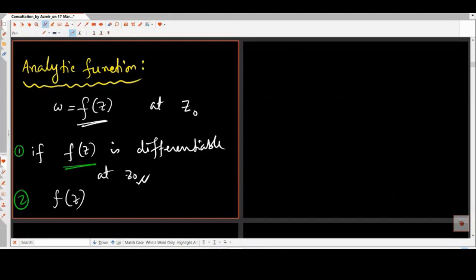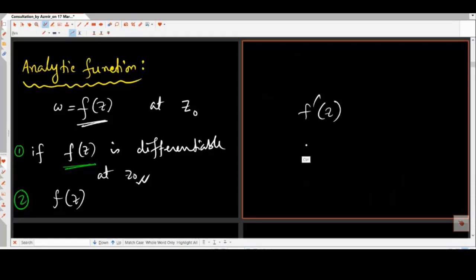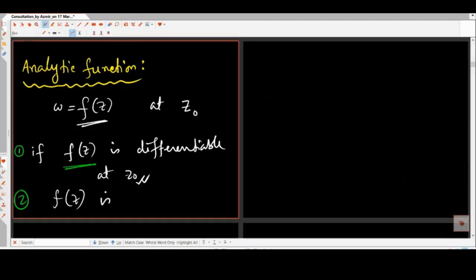That means at z0 we will get f prime of z0. This is obvious. But besides this, that function is also differentiable in some neighborhood of z0. I have used the term neighborhood, so you have to understand the definition of neighborhood now.